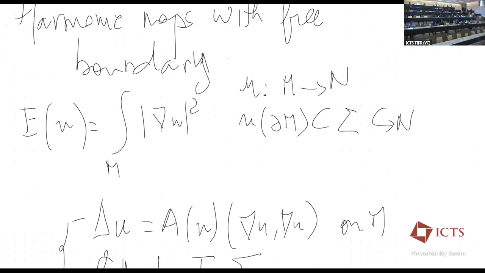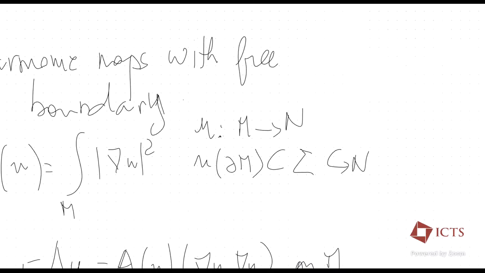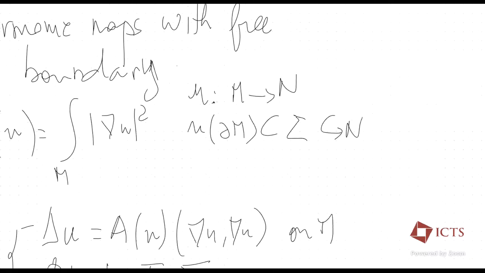When you define a projection, you always have to satisfy the constraint of being in the target. So the best thing would be to deform the map a little bit, and then project it onto the manifold N, so that I'm sure the constraint will be satisfied.